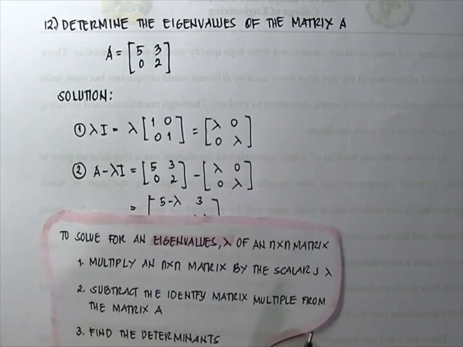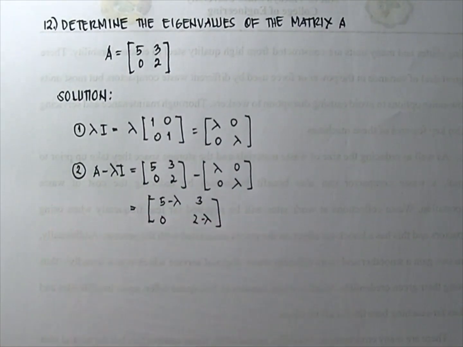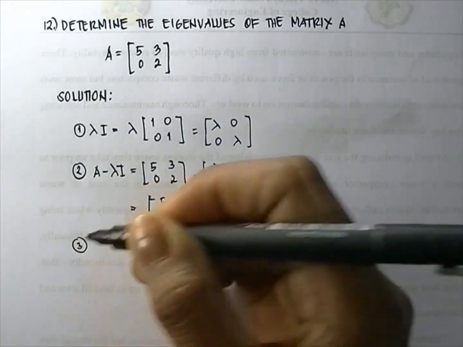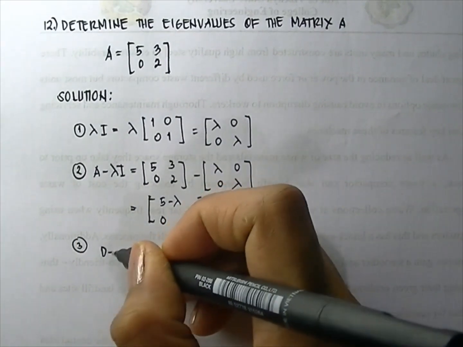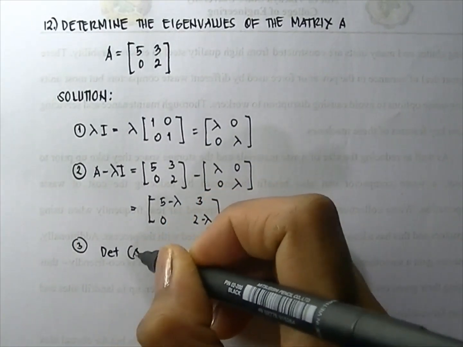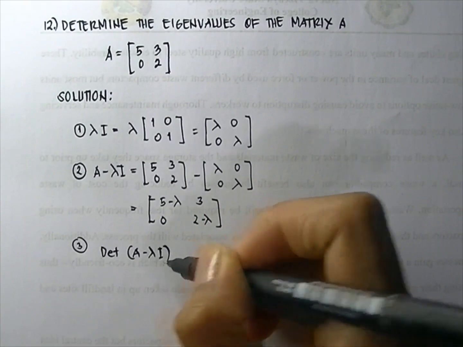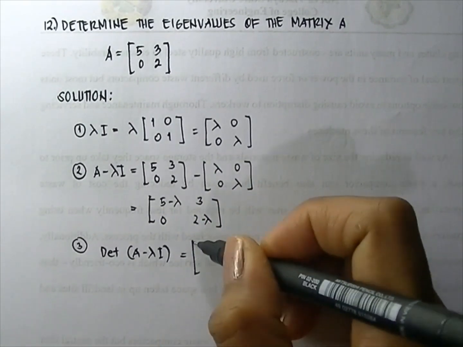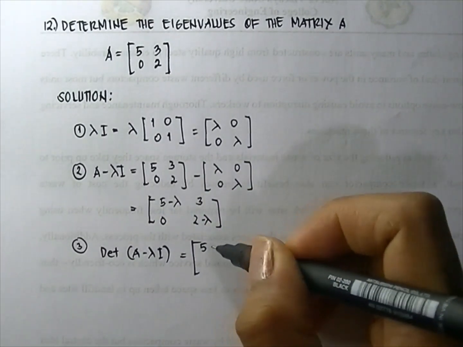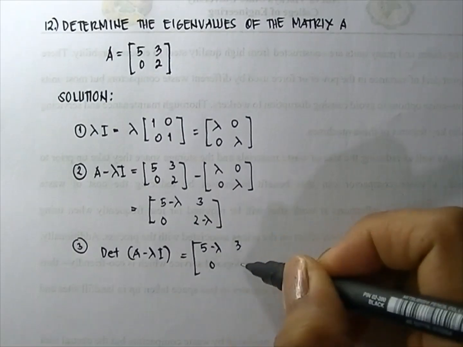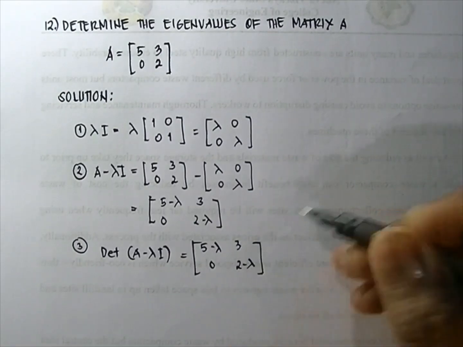And number 3, find the determinant. So, number 3, we have the determinant of A less lambda I: 5 less lambda, 3, 0, 2 less lambda.